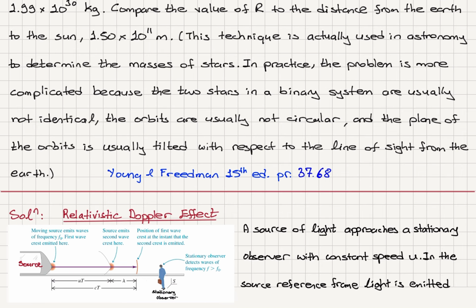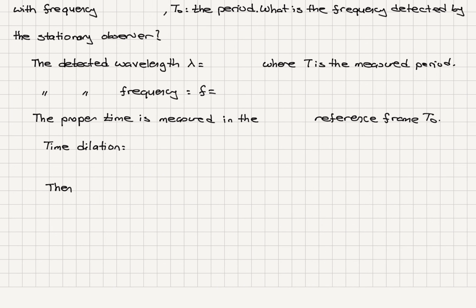Alright, so a source of light approaches a stationary observer with constant speed u. In the source reference frame, light is emitted with frequency f0. So f0 is related to the period of the emissions: f0 is equal to 1 over T0, where T0, the period, is determined in the source reference frame.